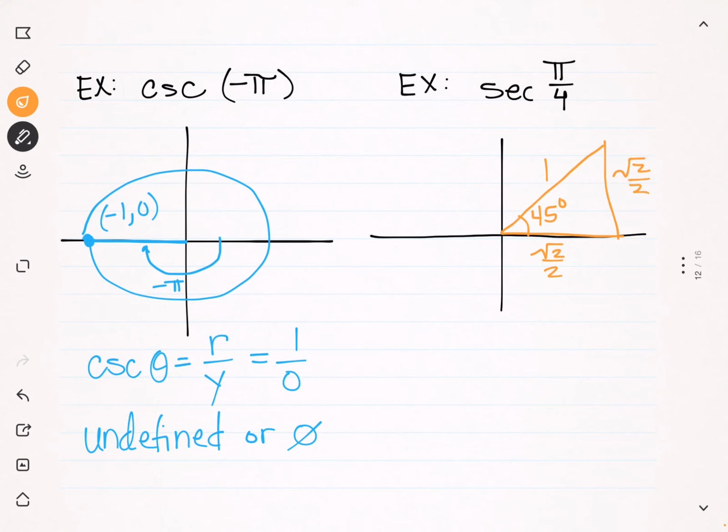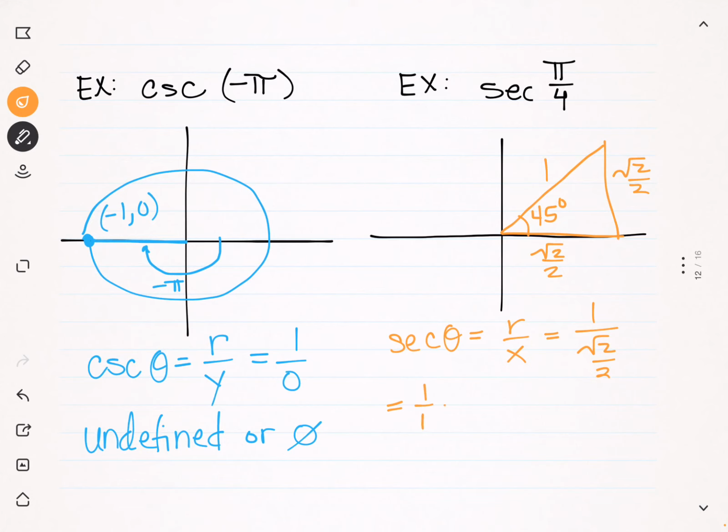Okay, so if I want secant, secant is the reciprocal function of cosine. So secant of an angle theta is going to be equal to r over x. And the radius is 1, and the x value is root 2 over 2. Okay, so on this one, we need to simplify.